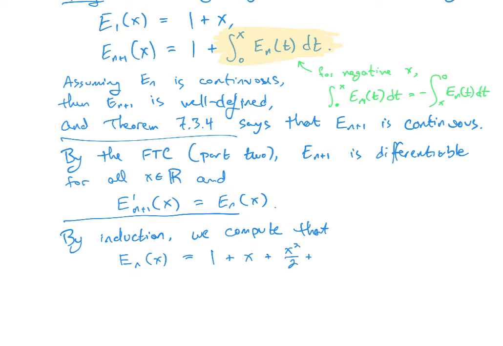And then you go to compute e sub 3, and you get 1 plus the integral of 1 plus t plus t squared over 2, which would be 1 plus x plus x squared over 2 plus x cubed over 3 factorial. And you just keep doing this. And when you get up to e sub n, you will have an x to the n over n factorial.